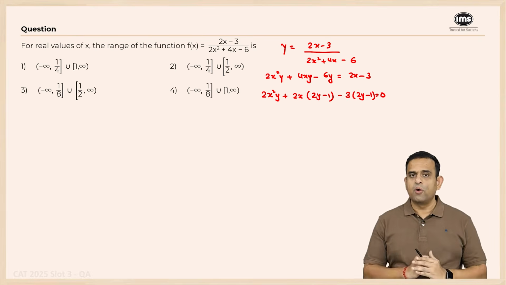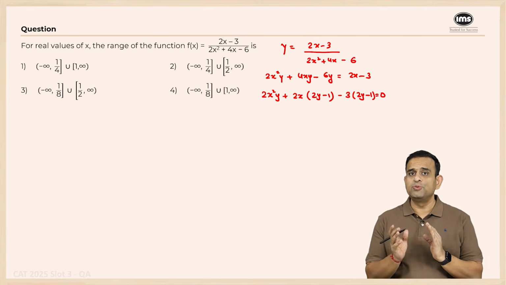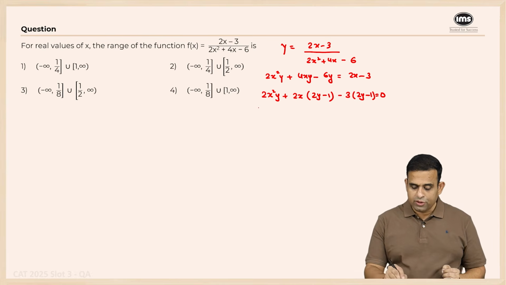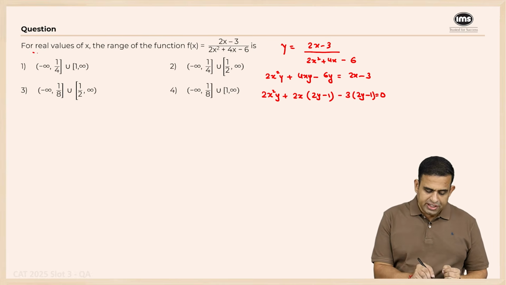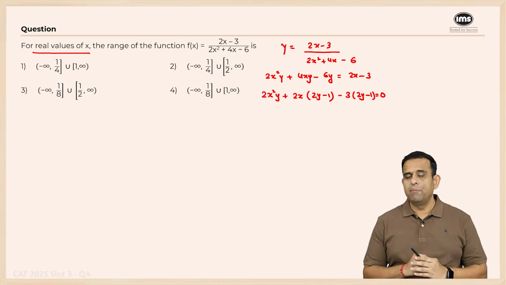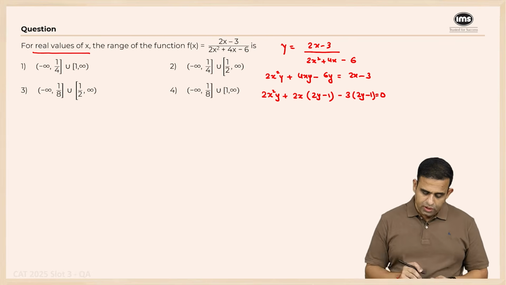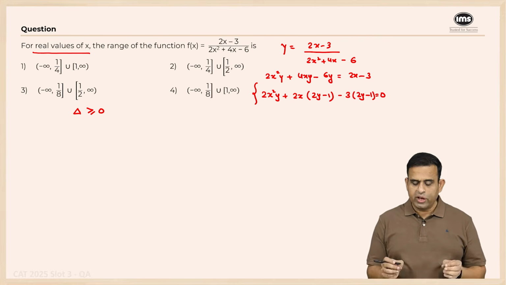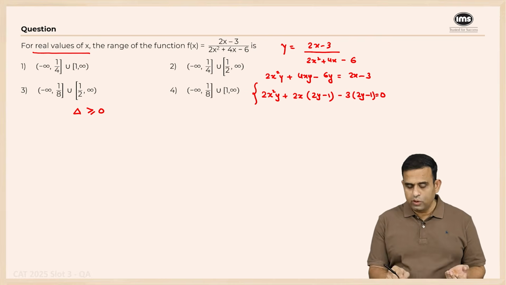So we have got a quadratic in x and the task is to find the range of the values of y. Understand, since this is a quadratic in x and it says it has to be for real values of x, definitely delta has to be more than or equal to 0. So in this particular case, your delta needs to be more than or equal to 0 for this quadratic, where you can say a is nothing but 2y.